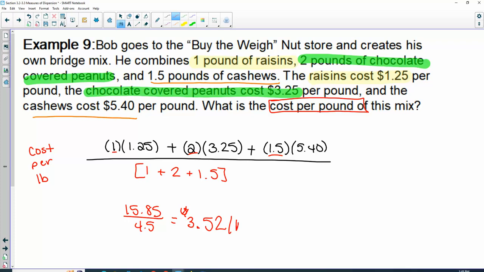So we should get that it costs $3.52 per pound. Since I said cost per pound, the top of the fraction was our total cost, the bottom of the fraction was the number of pounds.